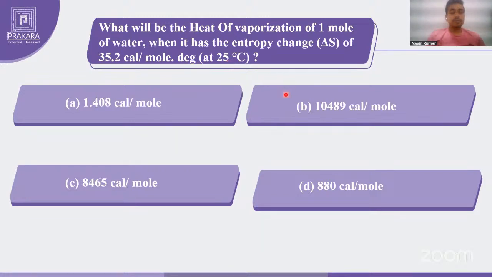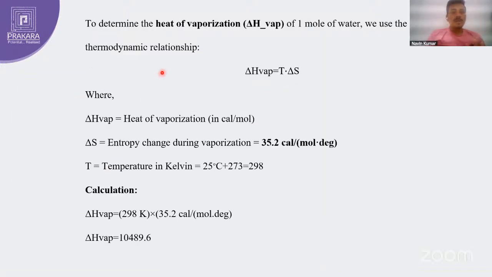To determine the heat of vaporization, we use a thermodynamic relationship, a very easy formula: the heat of vaporization is equal to temperature multiplied by entropy change.